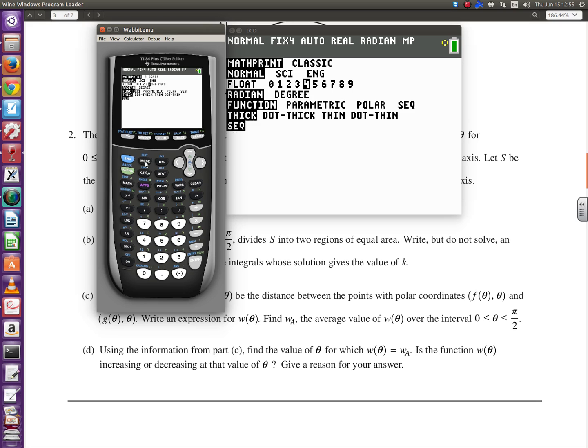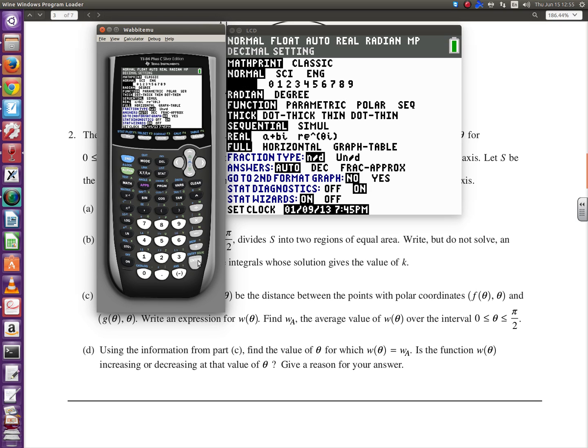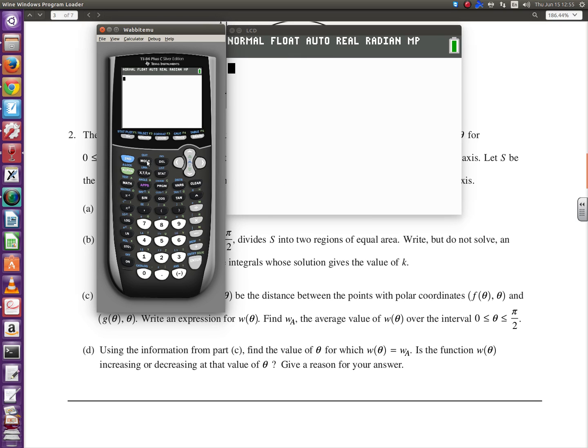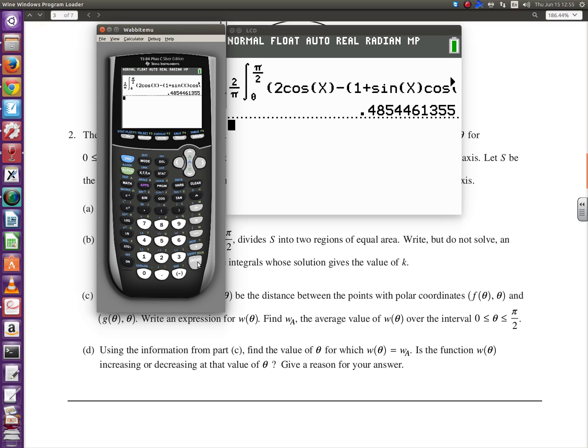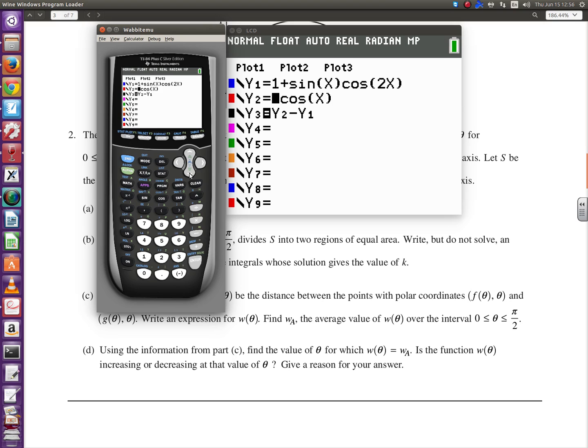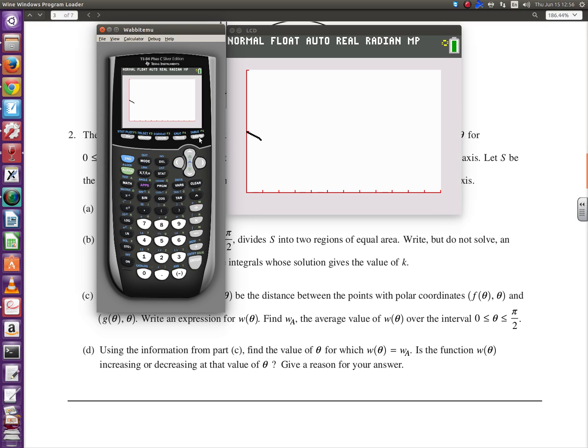All right, let's see, mode. Let's make it float. Let's get a whole bunch of decimals here. And let's do the previous calculation, and let's say 0.485446. Now let's go. So the domain here is 0 to pi over 2 radians, so 0 to 12 pi over 24 radians.